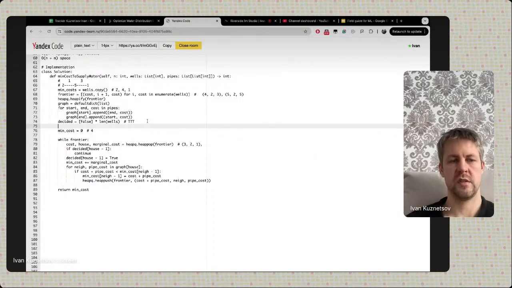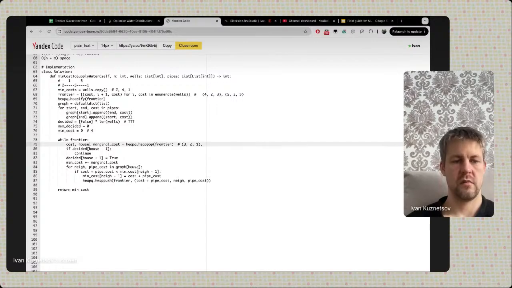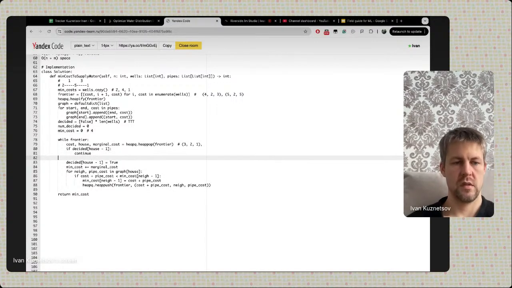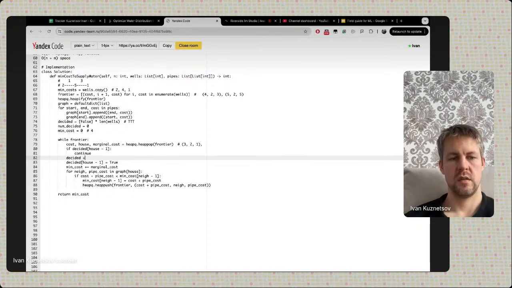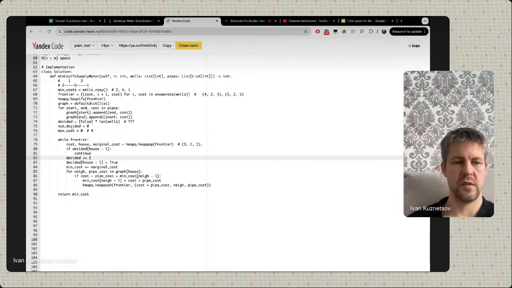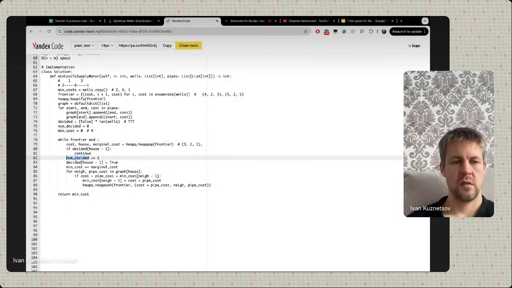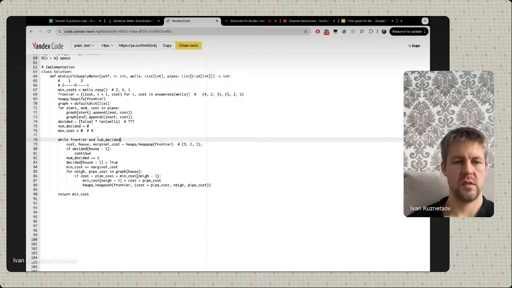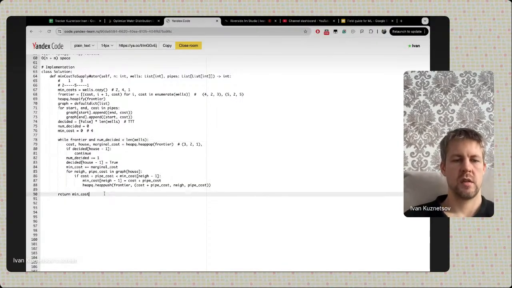However, just decided equals 0, undecided equals 1, and while frontier and undecided smaller than length. Okay.